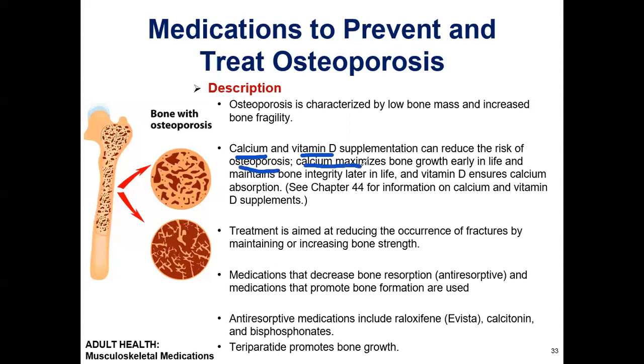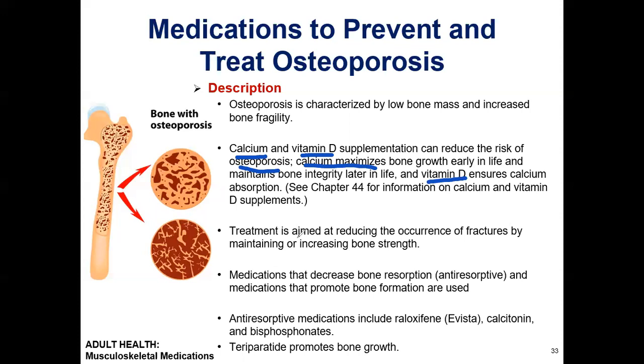Calcium maximizes bone growth early in life and maintains bone integrity later in life. Vitamin D ensures calcium absorption. So vitamin D helps the absorption of calcium. So you need both.